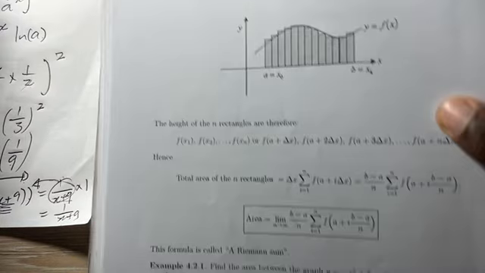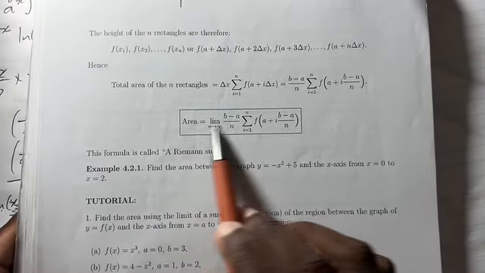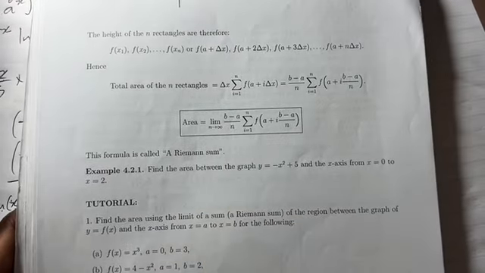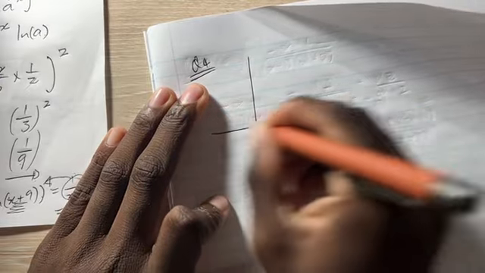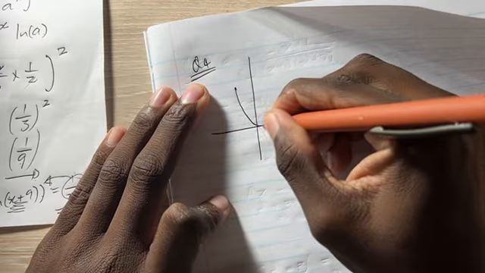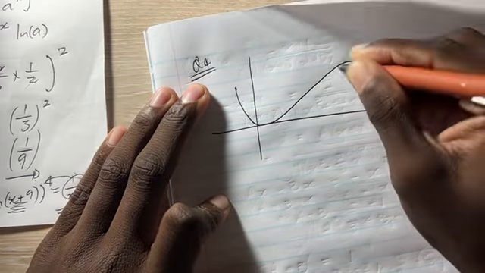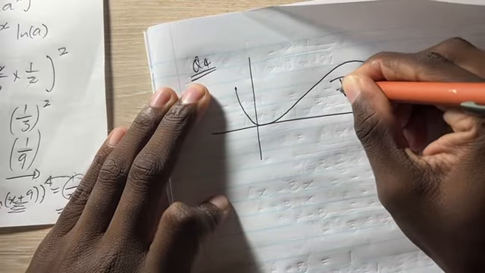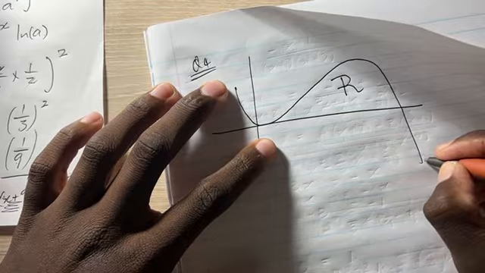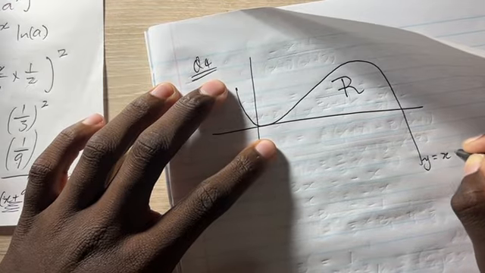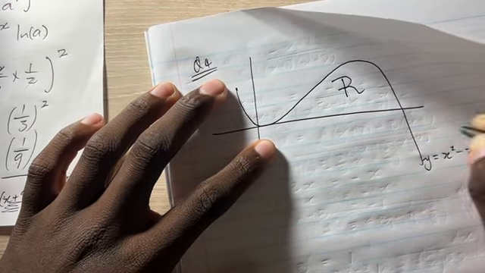Alright, I got it. So this is the equation for the area if you're using the Riemann sum. I haven't even read the question and I'm already there. This is what they gave us on the question, and they said this is a fancy R, and the equation is y equals x squared minus x cubed.